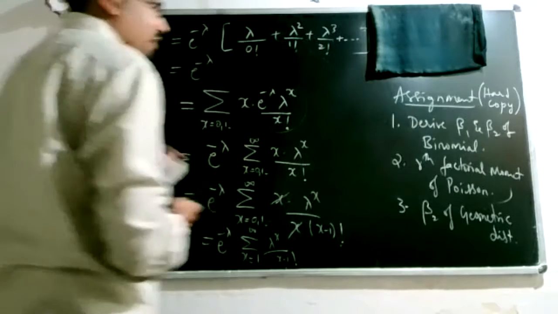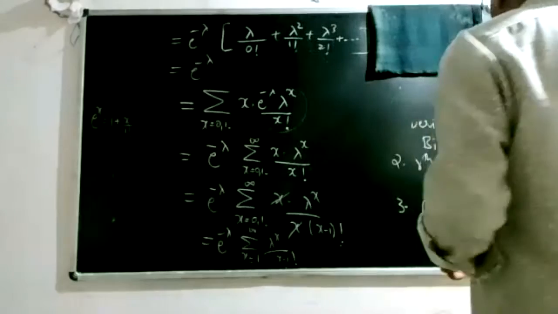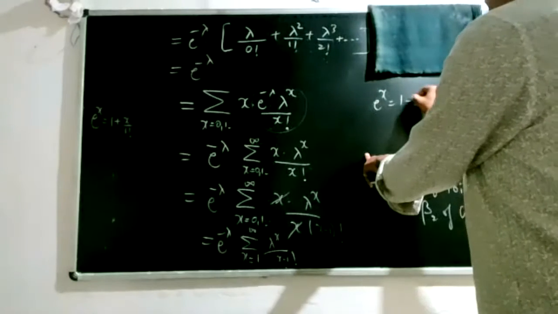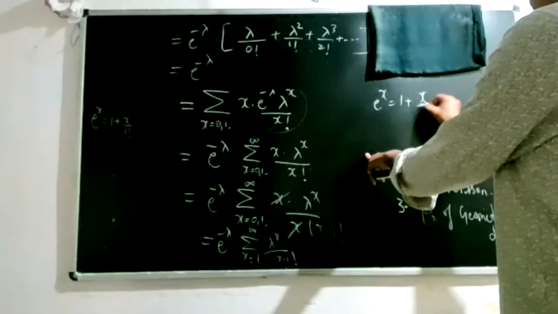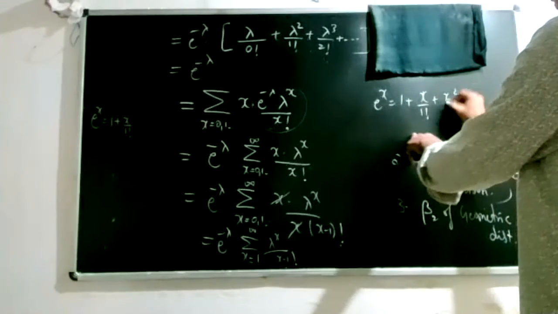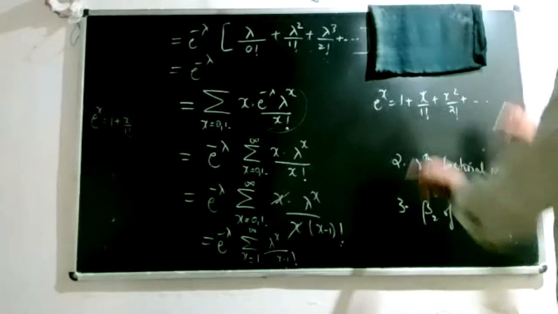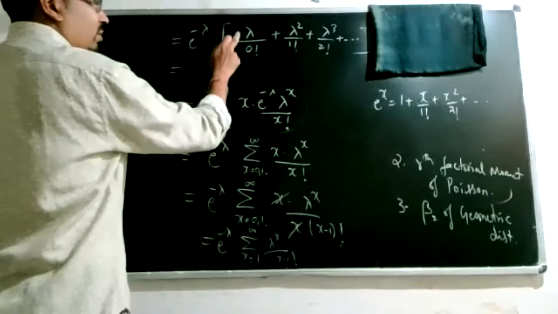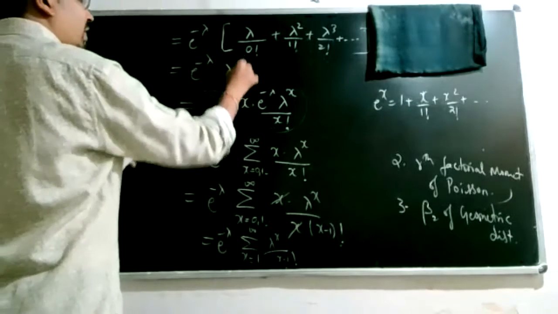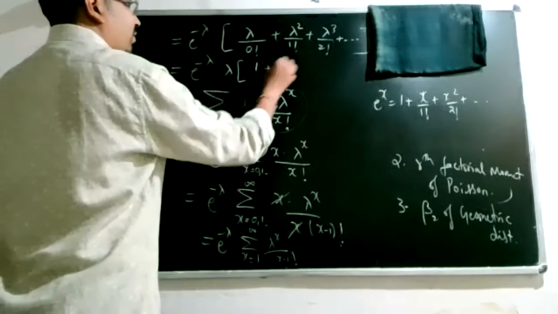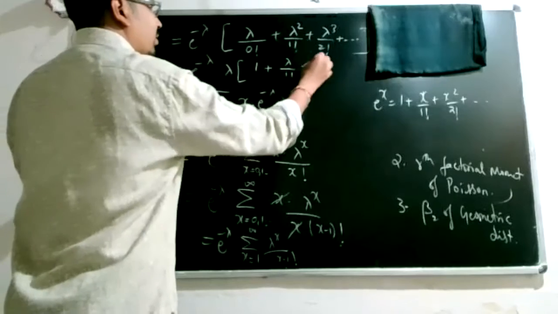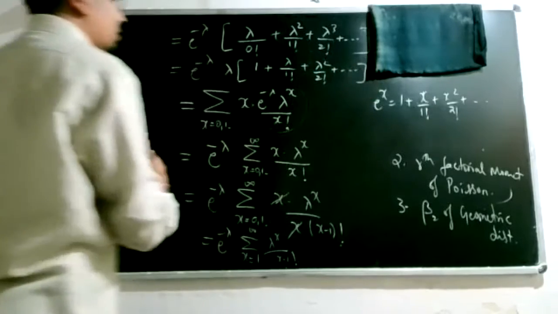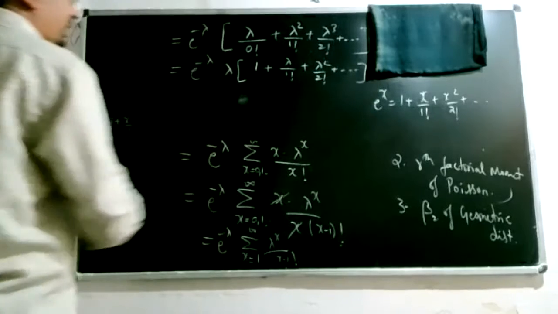But our exponential expansion is of the form e power x equal to 1 plus x by 1 factorial, x square by 2 factorial, and so on. But here I have lambda starting from lambda. So if I take that lambda common outside, I'll get 1 plus lambda by 1 factorial, lambda square by 2 factorial, and so on, which becomes e power lambda.